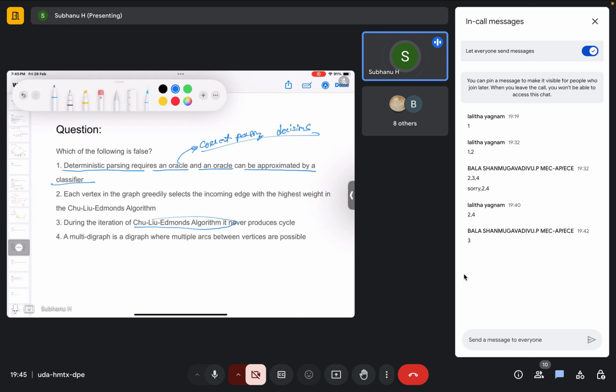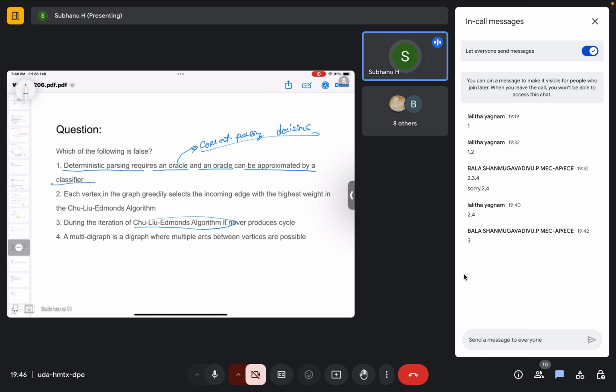This oracle is approximated by a machine learning classifier during training. I think in the lecture videos, the professor skipped this part. When I was also watching the videos, I noticed that he says how the oracle is generated, so we will see it later.